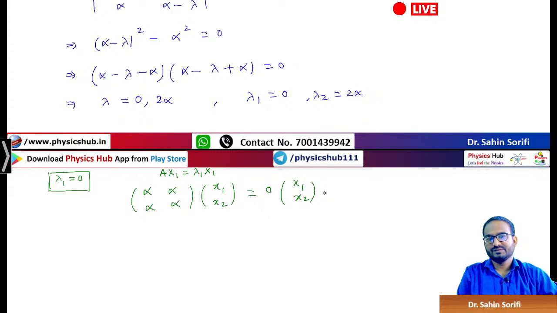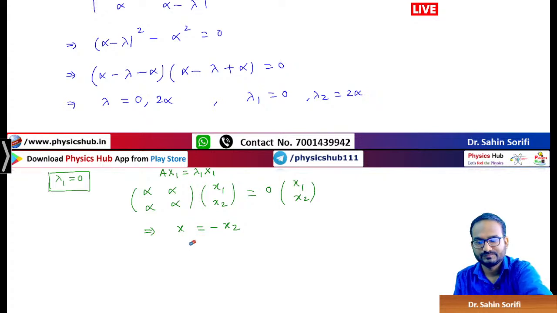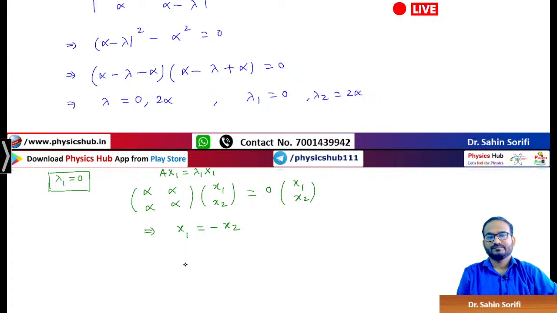Now as you can see, this is 0. So from this, what can you write? We can write x1 is equal to minus x2. So using this, what will be the eigenvector? If x1 is equal to minus x2, so if you take, let's say, x1 equal to 1, x2 will be equal to minus 1.